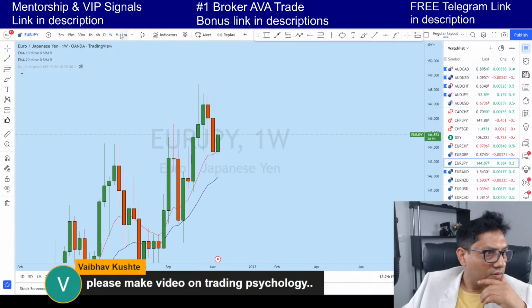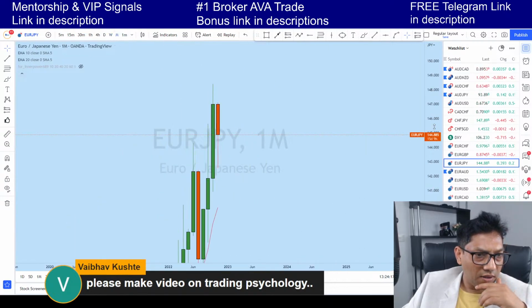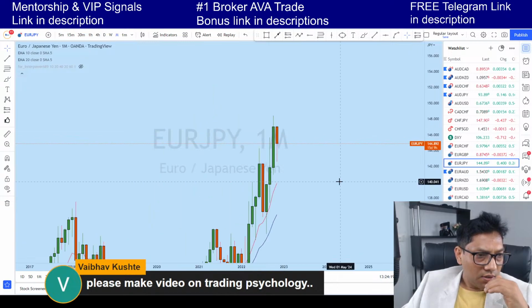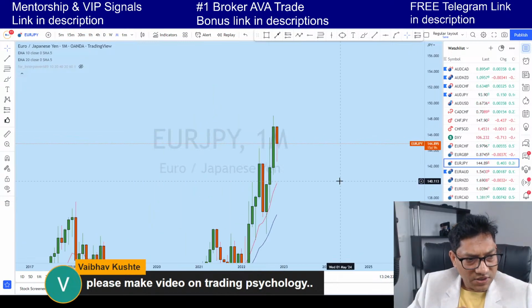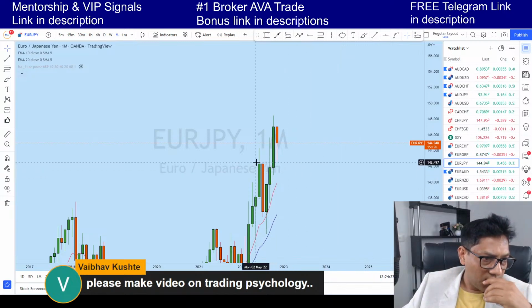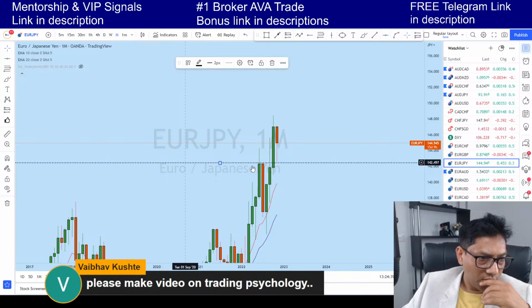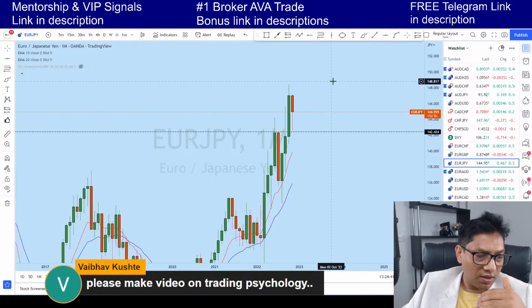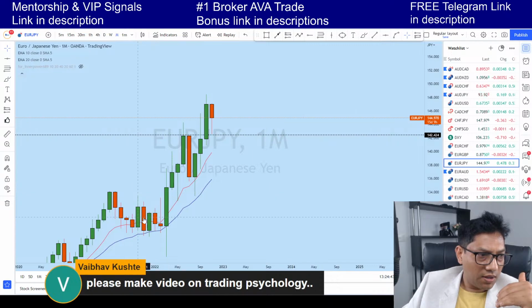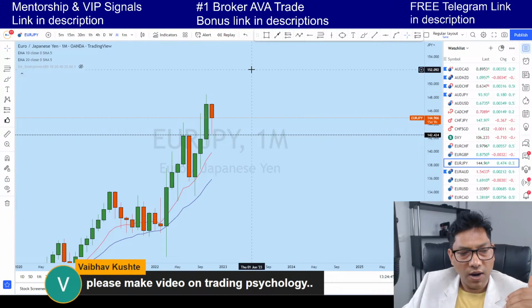Looking at the bigger picture, monthly. This is the third week of the month on EURJPY, and what we have seen is that the price came to this previous important level of resistance turning support. We have seen a bounce on the monthly. So looking at monthly, we see it's a long-term bull market.